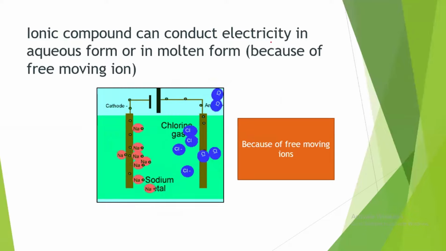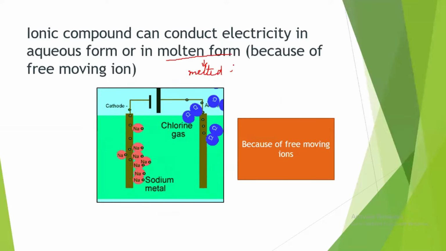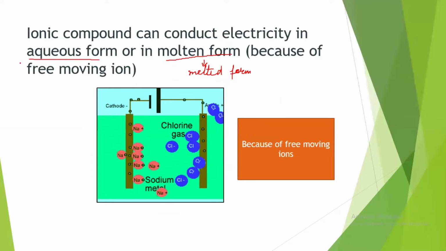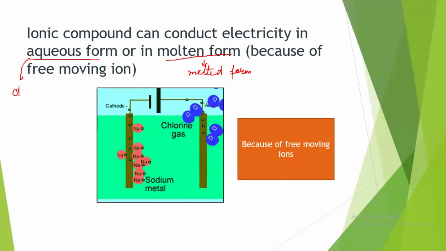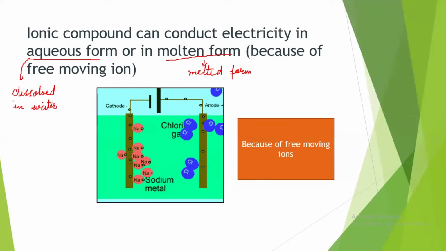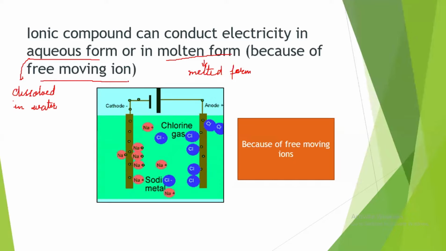Ionic compounds can conduct electricity in aqueous form or in molten form. Molten form means in melted form. Aqueous form means when they are dissolved in water. Only in this way are they able to conduct electricity, because in aqueous form they have free moving ions.